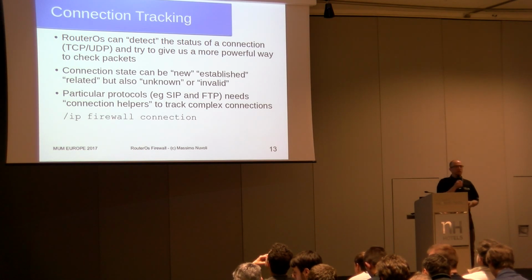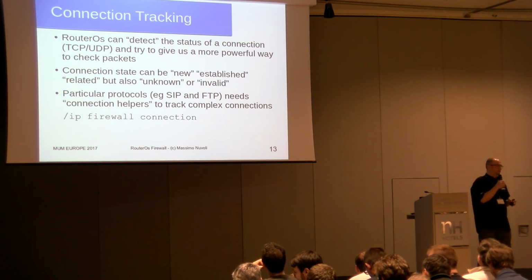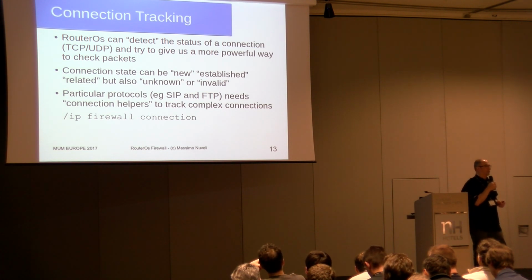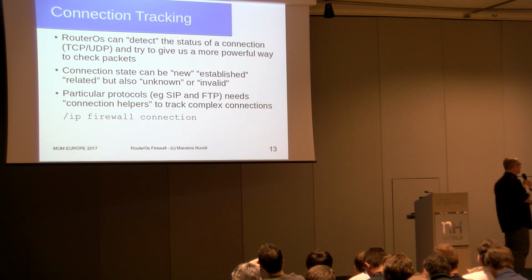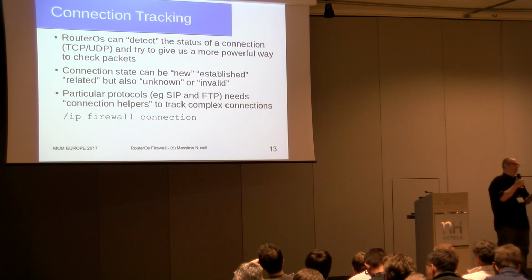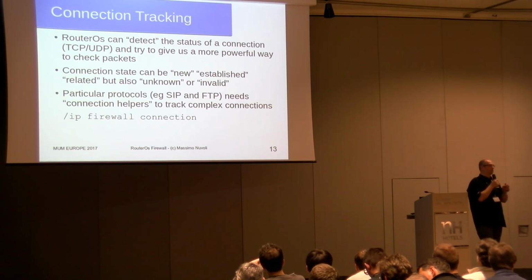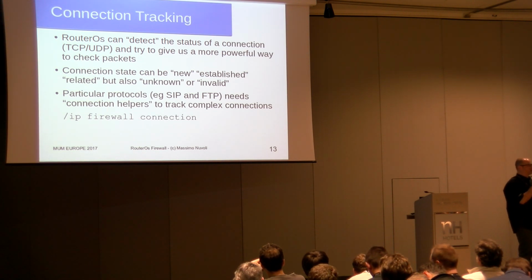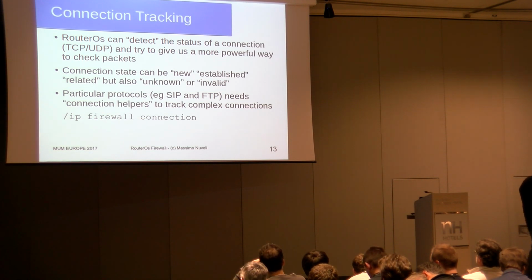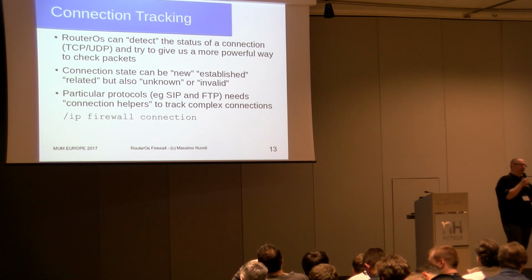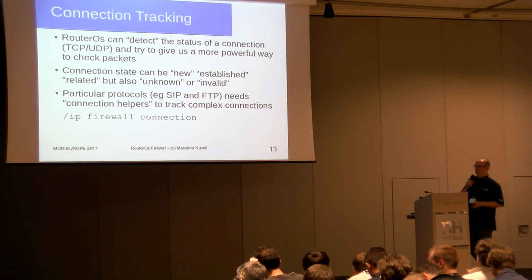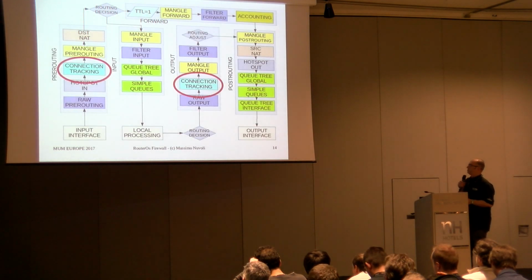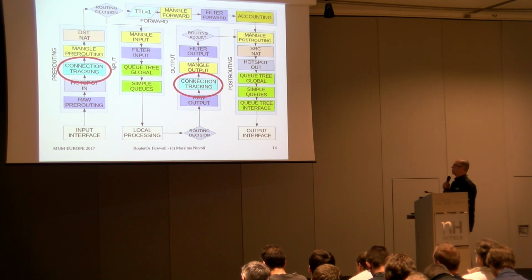And to do connection tracking in the normal world, and I'm talking about IPv4 because in IPv6 there is no NAT, we need connection helpers that are little applications that do connection tracking on complex kinds of connection. SIP is one kind of connection. FTP is another, because FTP opens a port side by side with the main connection, and also SIP. That's all.